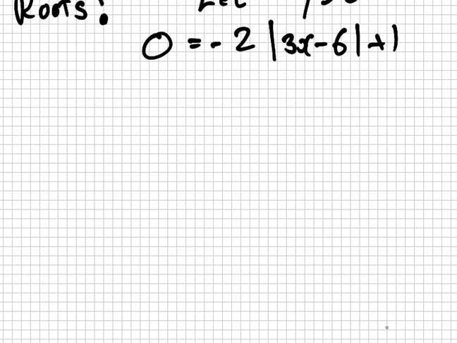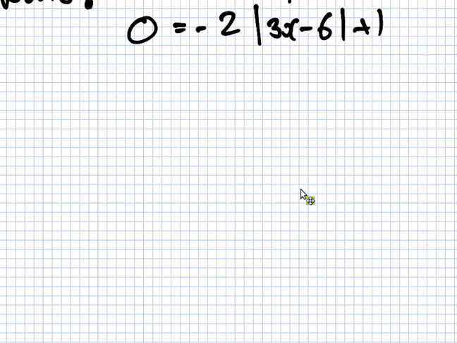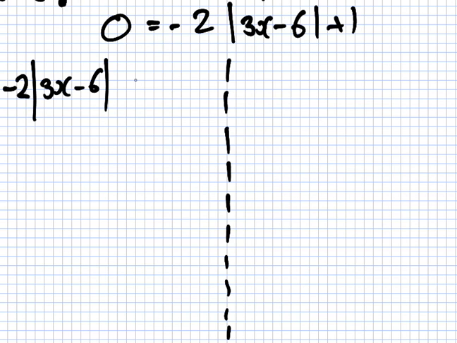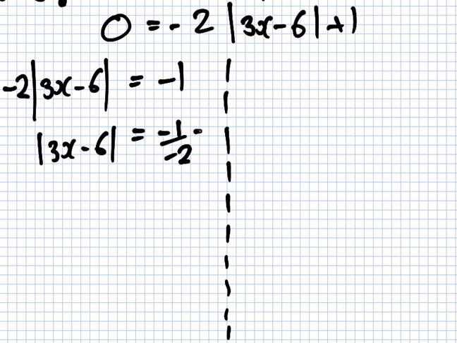Okay, so firstly, let's look at the plus-minus method. Minus 2 absolute 3x minus 6 equals minus 1 when you take the plus 1 over to the left. Absolute 3x minus 6 equals minus 1 over minus 2, which of course is just a half. Now the only way that can happen is if 3x minus 6 is equal to plus or minus a half.